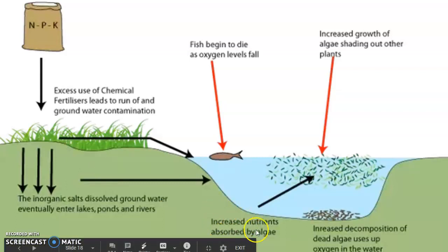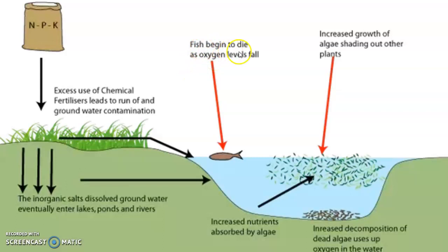So we have increased nutrients that are absorbed by algae, and we have increased decomposition of dead algae, which then uses up oxygen in the water. As a result, increased growth of algae will shade out other plants, which also decreases the amount of oxygen in the water. And as a result, fish begin to die as oxygen levels fall. And not only fish, this includes crab, clams, oysters, all kinds of seafood that you probably love to eat.